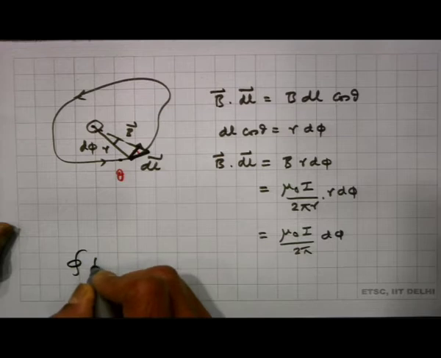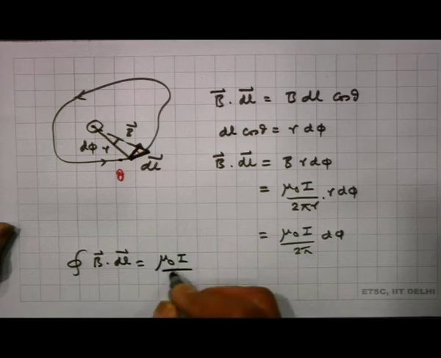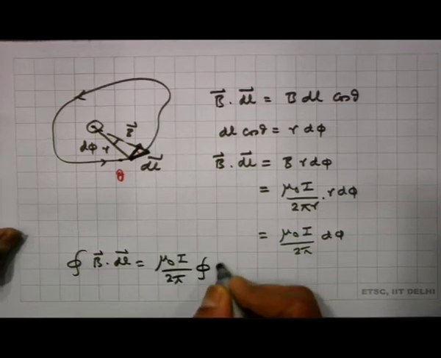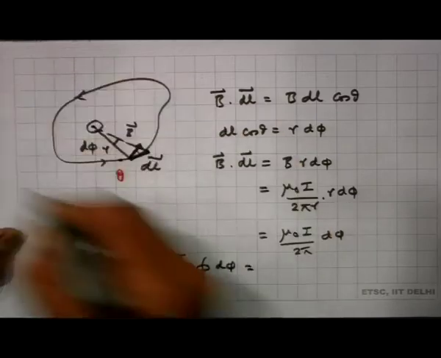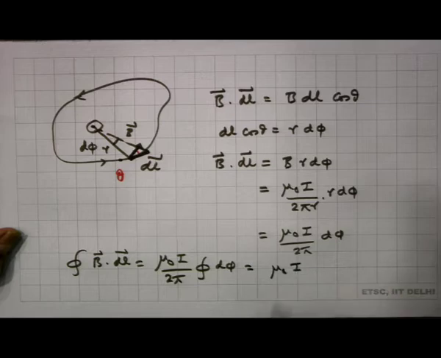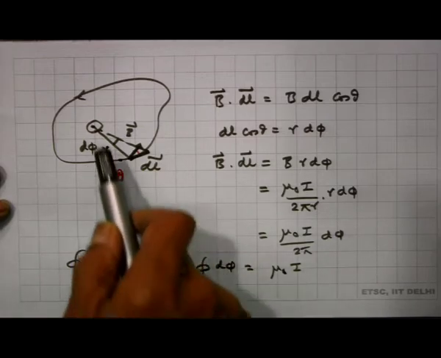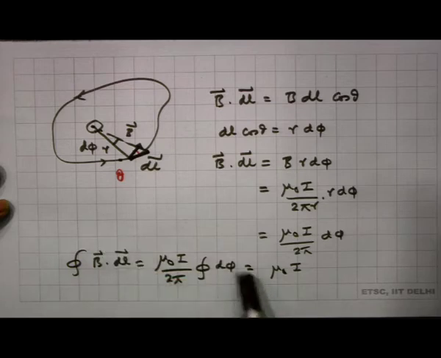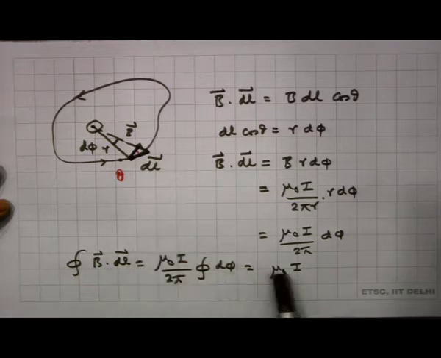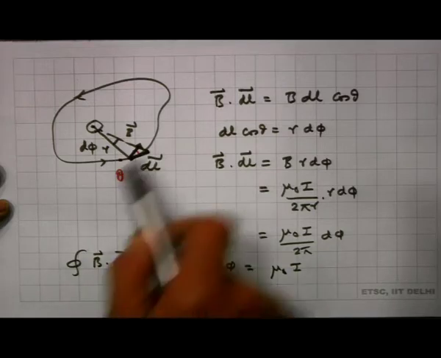So, integral B dot dl would be equal to mu naught I by 2 pi integral d phi, which is again 2 pi because of the entire angle covered by phi, which gives mu naught I. So, even if I have a path of integration which is not circular with the wire at the center, what I have shown is that this integral B dot dl is always equal to mu naught times the current in the conductor, which is enclosed by this loop of integration.